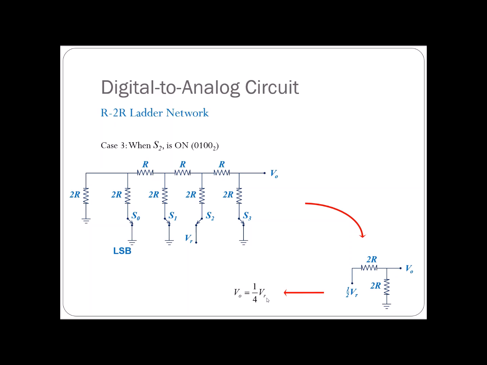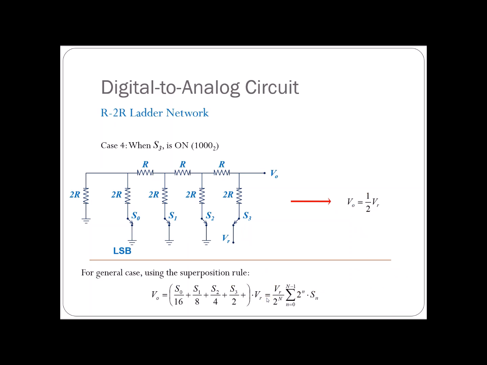I leave it to you to analyze it. You can do it, simply following what we did in the first case, the case of 0001. So again, if we have a digital input of 0100, then the output voltage will be equal to a quarter of VR. Same thing, when we have the case of 1000, then the output voltage will be half of VR.